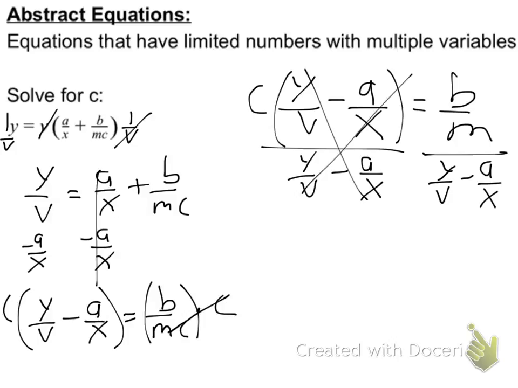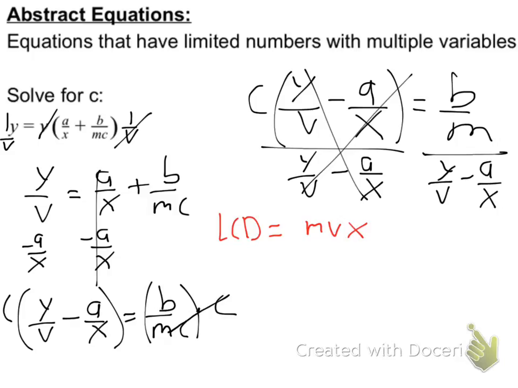So all of this will obviously cancel each other. Now you have B over M all over Y over V minus A over X. What is the LCD of all of that? M, V, and X.